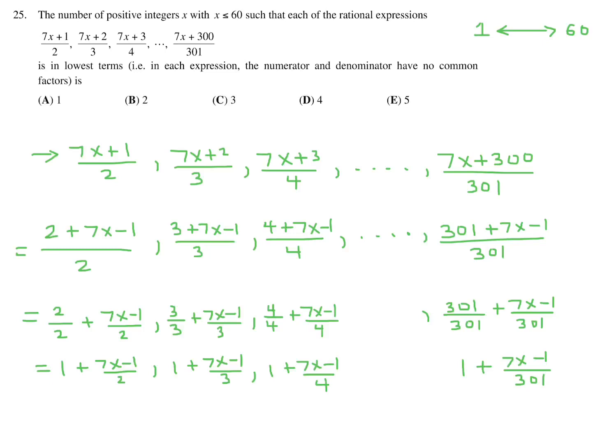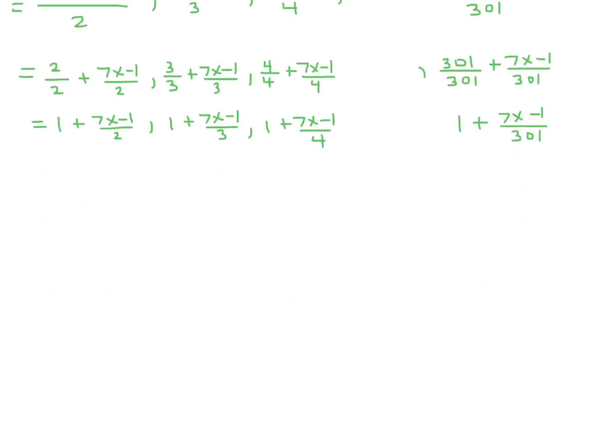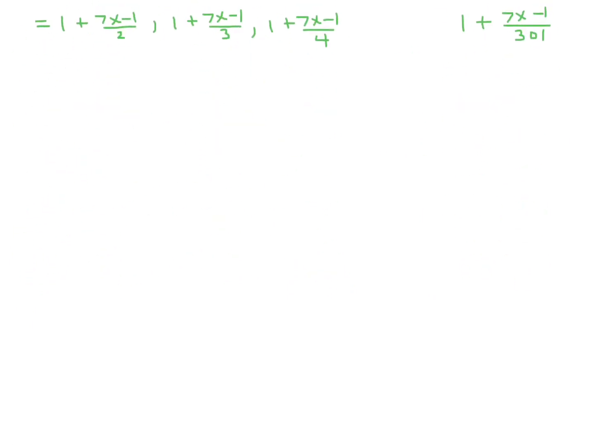So this question is basically like asking, how do I get each of these guys in lowest terms? All of these guys. (7x minus 1)/2, over 3, over 4, over 5, and so on. Okay? So that's what we're going to concentrate on. We're going to try to get each of these terms in lowest terms. And remember, our x is anywhere between 1 and 60, and they have to be integers.